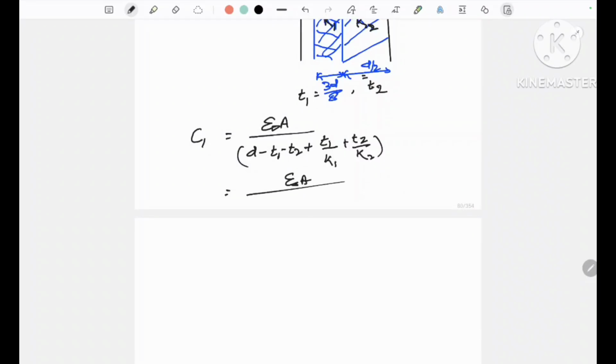Epsilon A over D minus 3D by 8 minus D by 2 plus 3D by 8K1 plus D by 2K2.